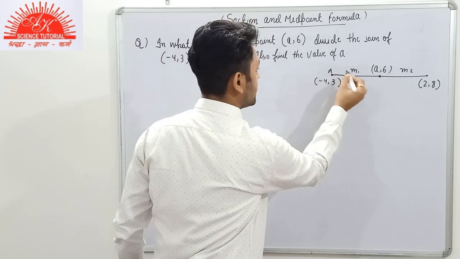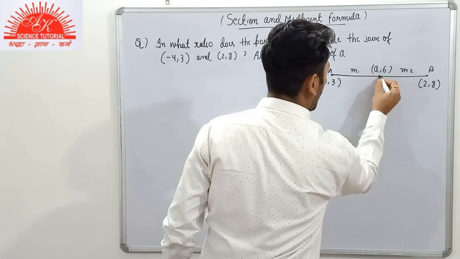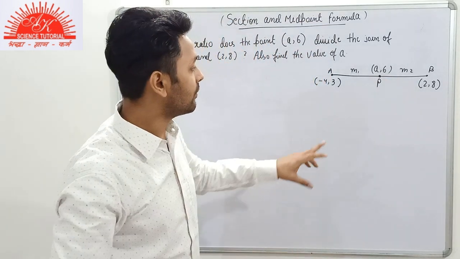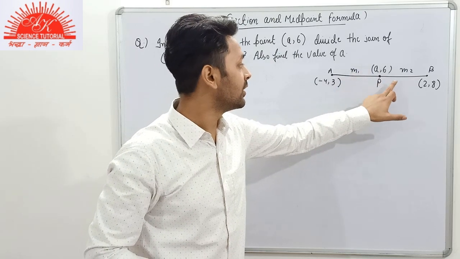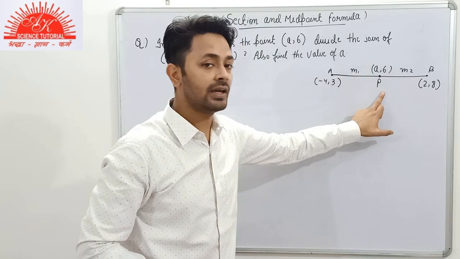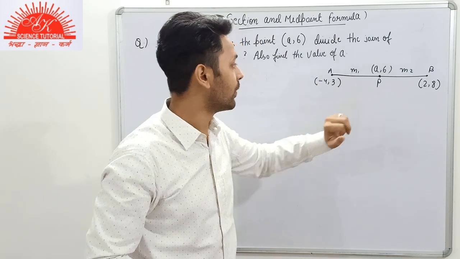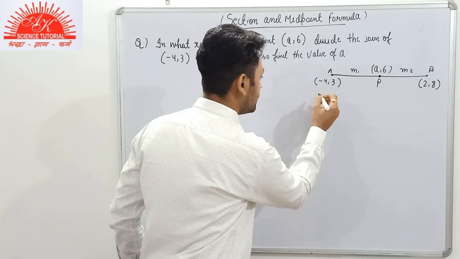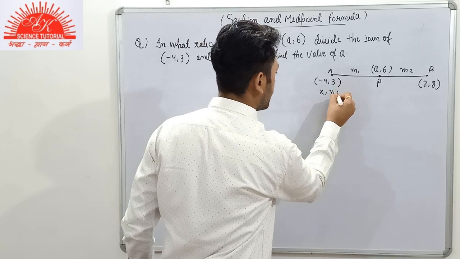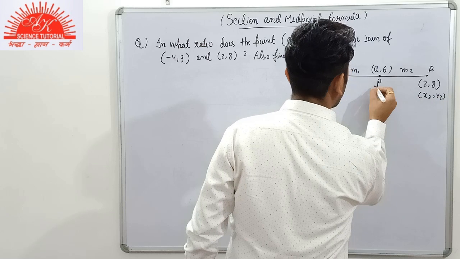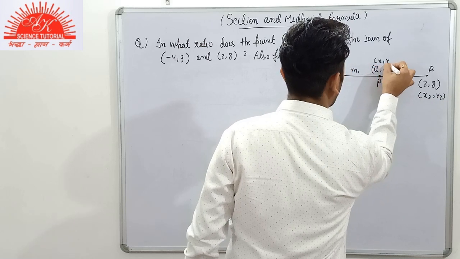Suppose we let the segment be AB, and the point which is creating the section we let be P. We have to find the ratio in which the point P is dividing the line segment AB into two parts. So we will denote the endpoints by x1, y1 and x2, y2, and this point by x, y.